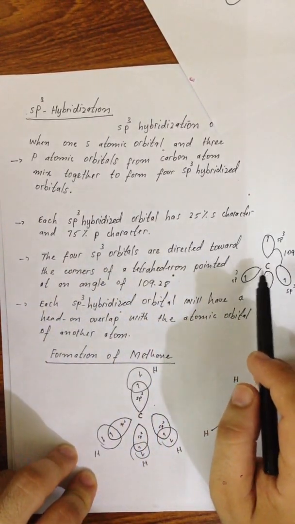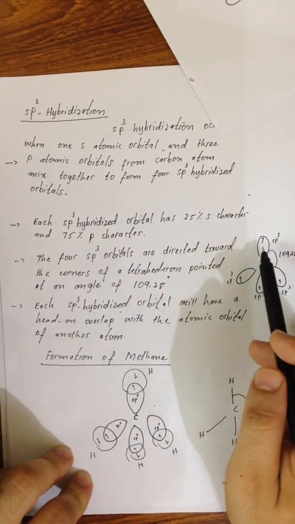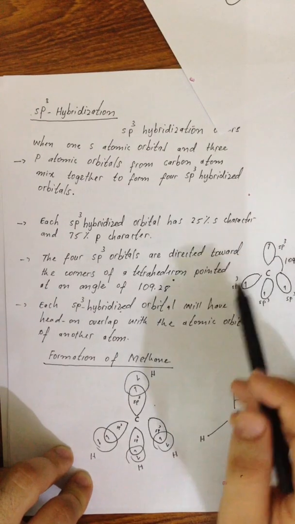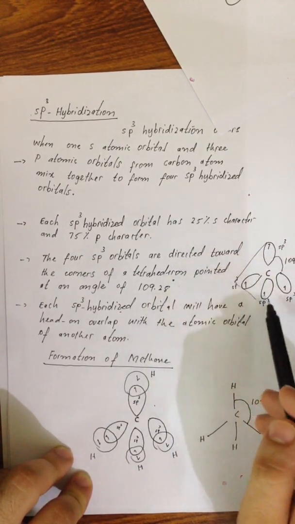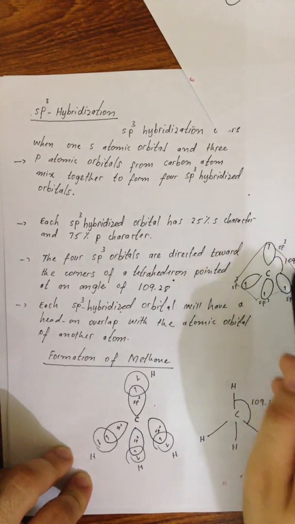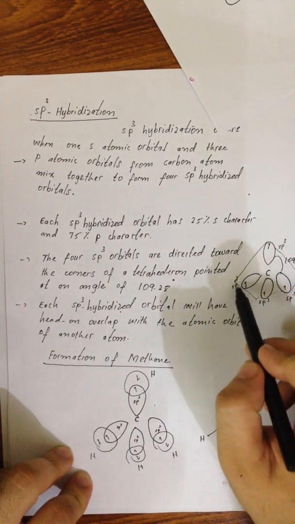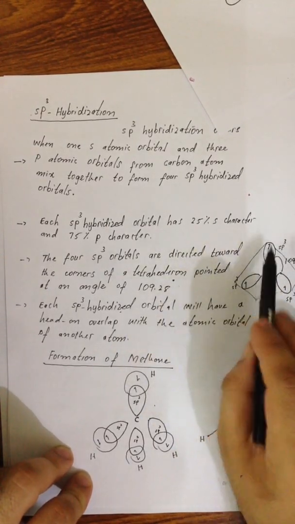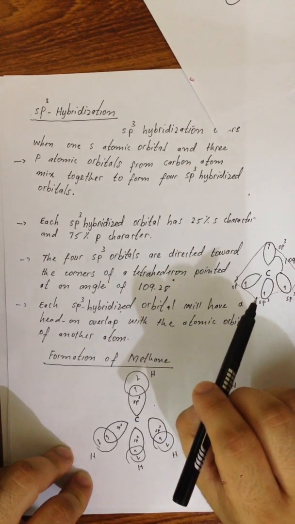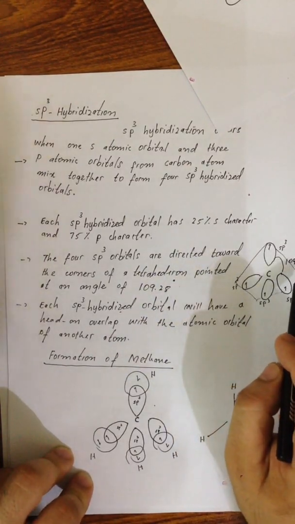This is how these orbitals arrange themselves around the carbon atom. They will arrange themselves in the form of a tetrahedron. Each orbital will align itself along the corner of the tetrahedron. These orbitals will lie at an angle of 109.28 degrees.